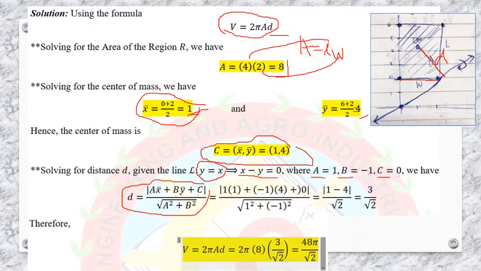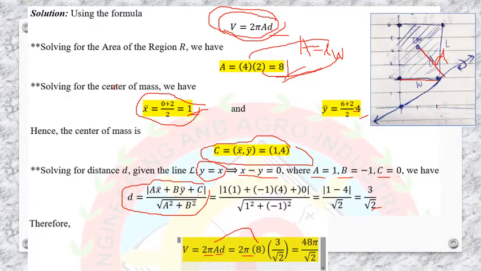So na-solve na natin yung area, solve na din natin yung center of mass, and then also yung distance. So which means, pwede na natin i-substitute sa formula ng volume of a solid for the first theorem of Pappus. So we have V is equal to 2 pi A d. Ang 2 pi, constant yan. Then si A, replace it by 8.